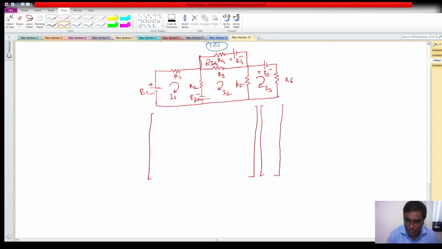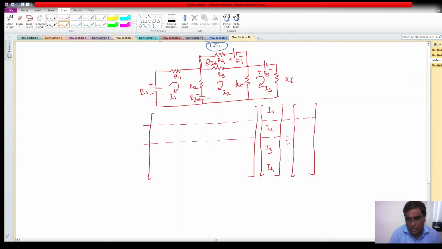So the size of the matrix, which is a square matrix, will be 4 by 4. So let me write first the unknowns I1, I2, I3, and I4. Then let us write the diagonal elements.